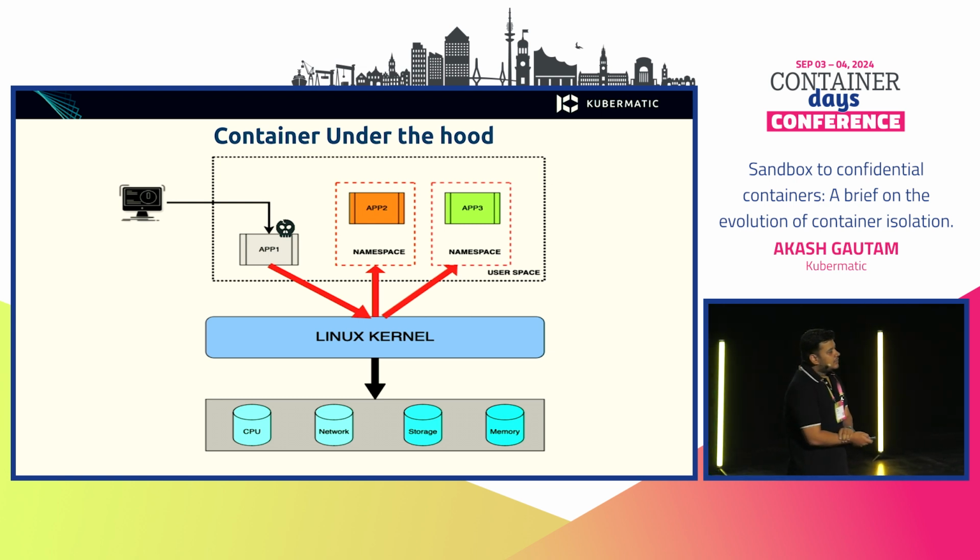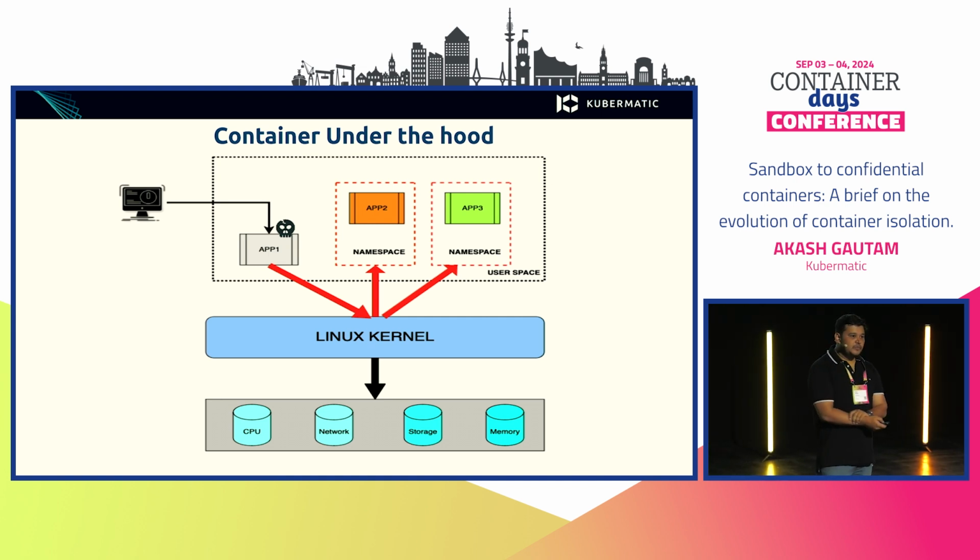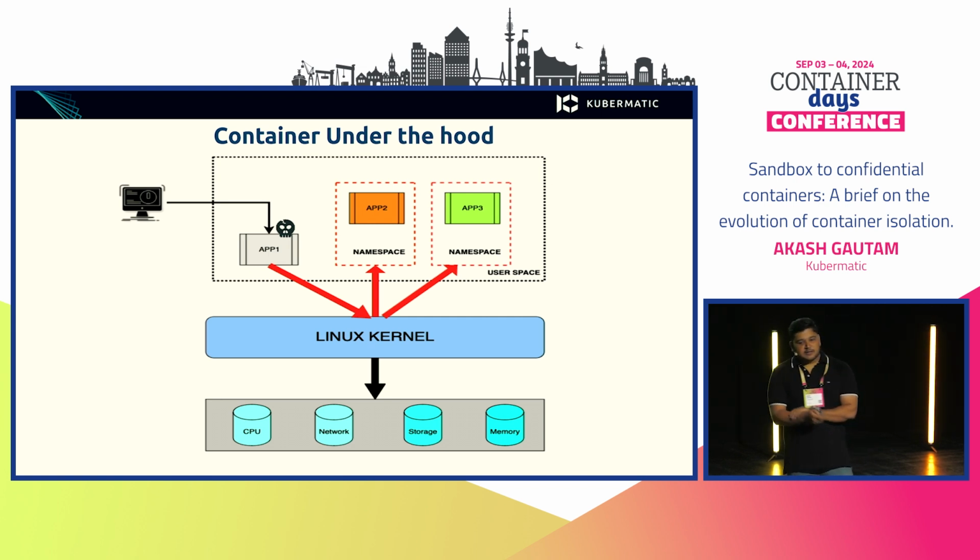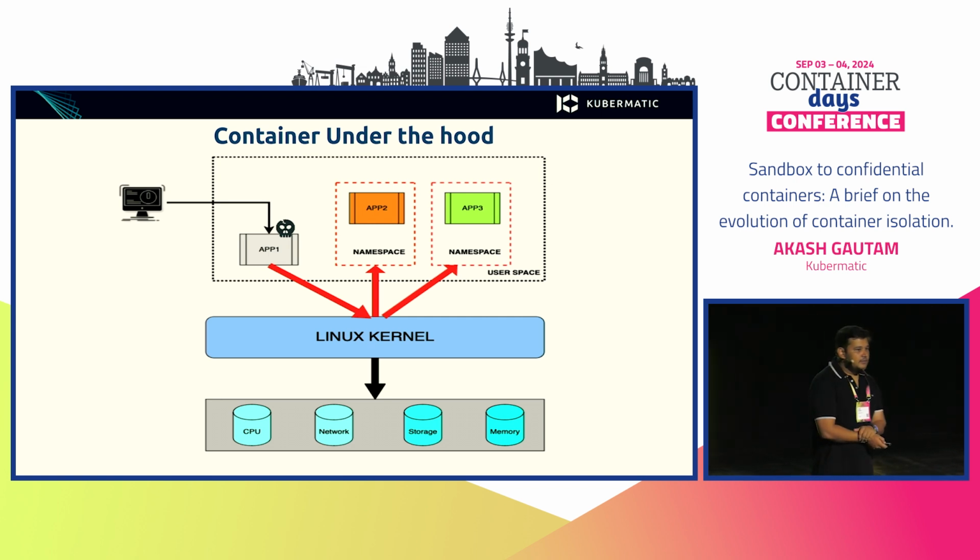In that case, the attacker can potentially see other processes or containers on the host and compromise them as well. So an attack on a single application or a single container can potentially spill over to every other application or container on the system.